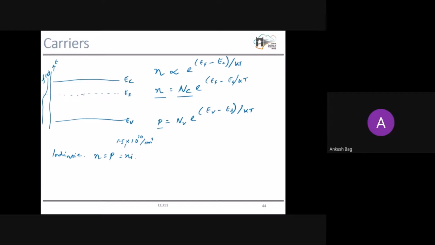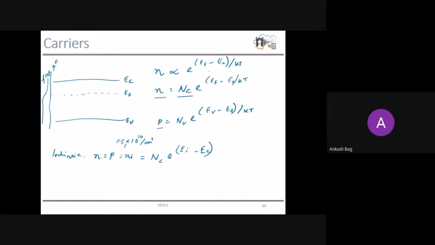It is better to remember these values, so you get a feel for how many carriers there are without any doping. It will help you understand the concepts. When we have not doped the semiconductor, your Fermi level is called the intrinsic energy level or intrinsic Fermi level. If we put Ei in place of EF, it will be something like this. I think you know all this derivation, but let us at least revise.